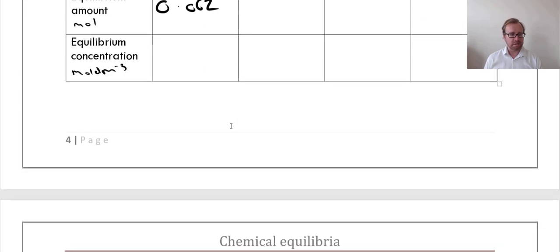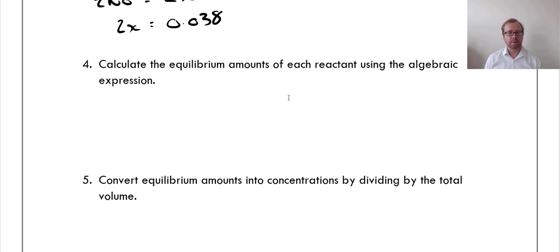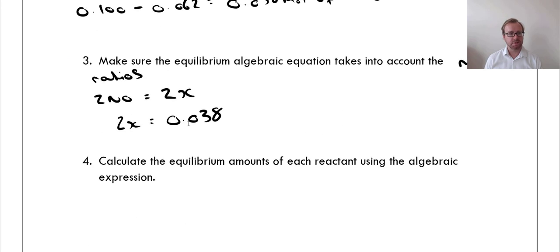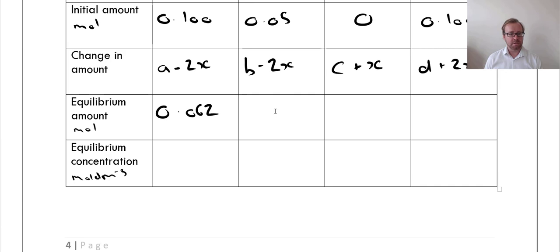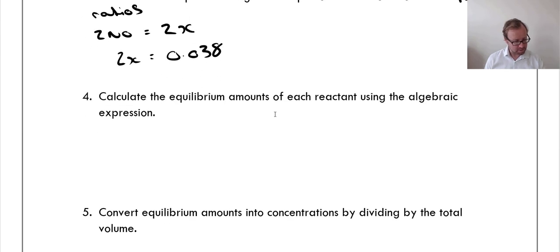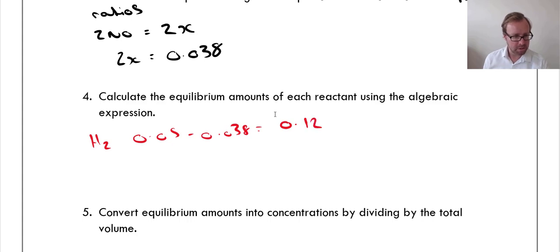Now I can calculate the equilibrium amounts of each reactant using the algebraic expression. So B minus 2x for H2 is 0.05 minus 0.038, which gives me a value of 0.12. I have produced 0.19.